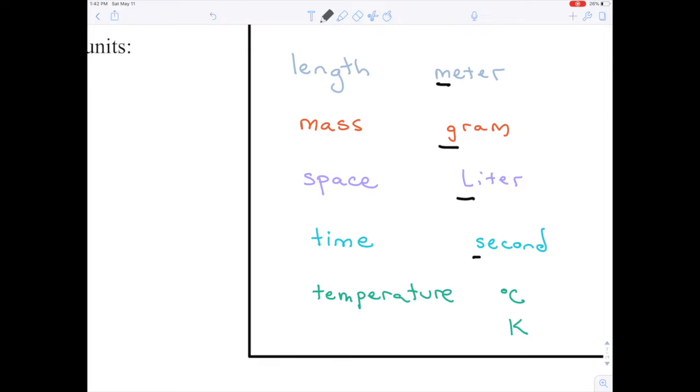And so what the metric system does is it takes that base unit and it either multiplies it by 10 or divides it by 10 to get a unit big enough or small enough so that the measurement you have has an intuitive, straightforward number attached to it.